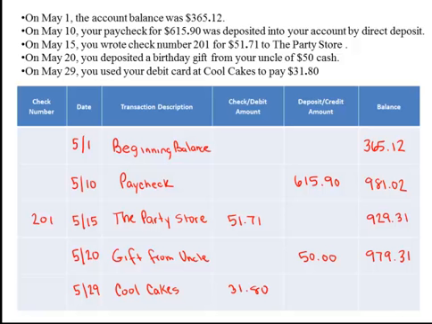This is money that came out of your account, so we subtract $31.80 from $979.31 to obtain $947.51. This is your ending balance for the month of May.